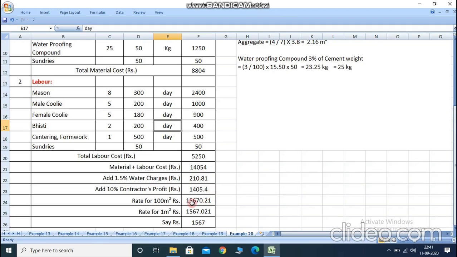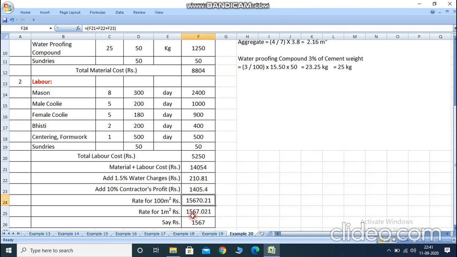For 100 meter square, the rate is the summation of all these values: material cost, labor cost, 1.5% water charges and contractor profit. So for 100 meter square, the rate is 15,670 rupees and 21 paise, and the rate for 1 meter square is 15,670.21 divided by 10.